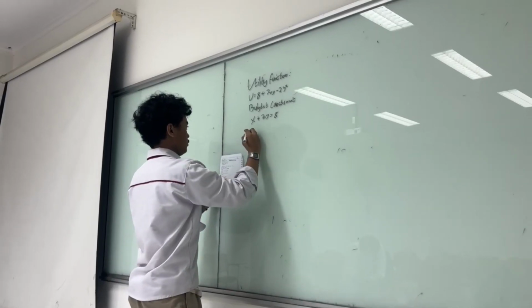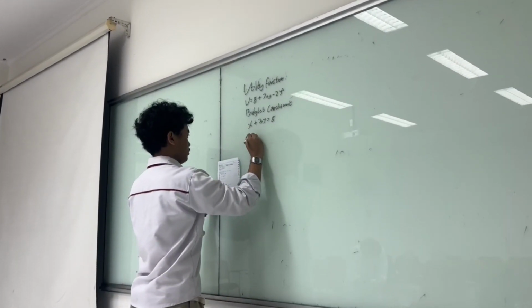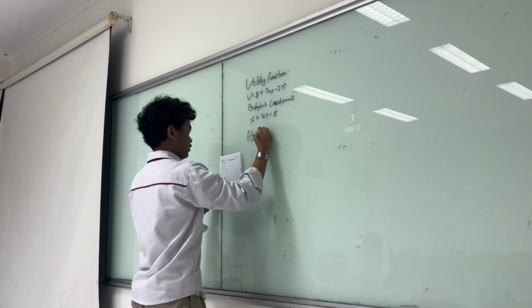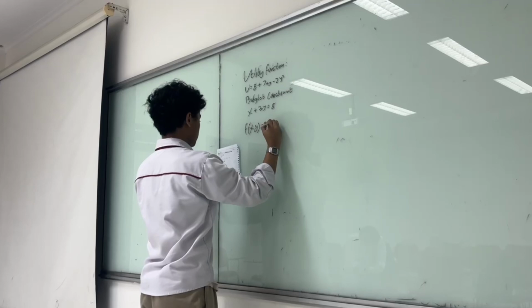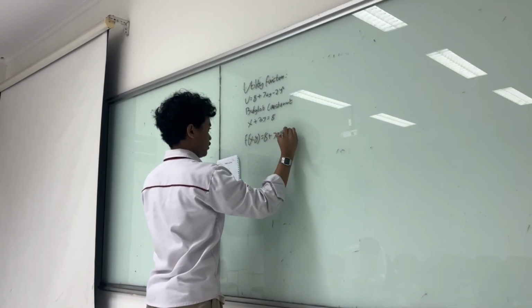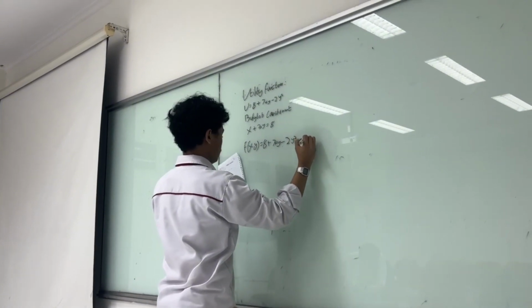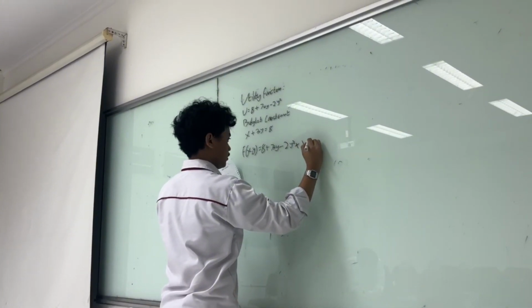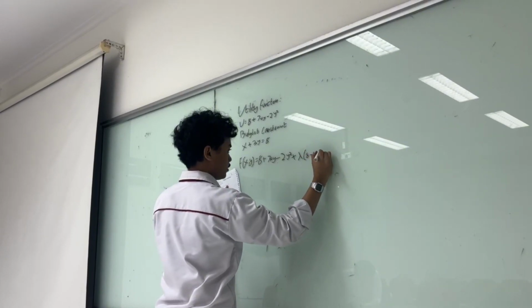So the answer is this: F of x, y equals 8 plus 7xy minus 2y squared plus lambda times the bracket 8 minus x minus 3y.